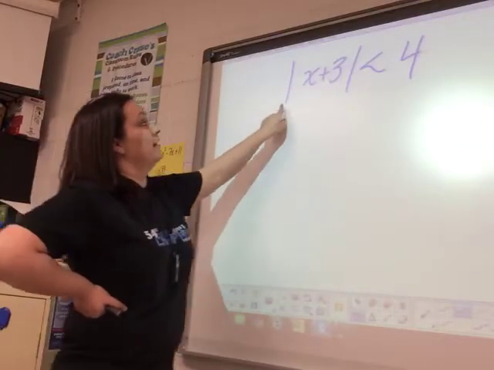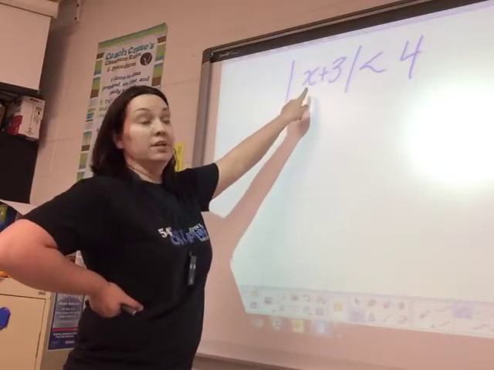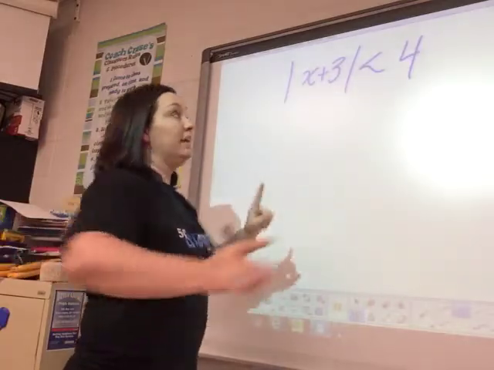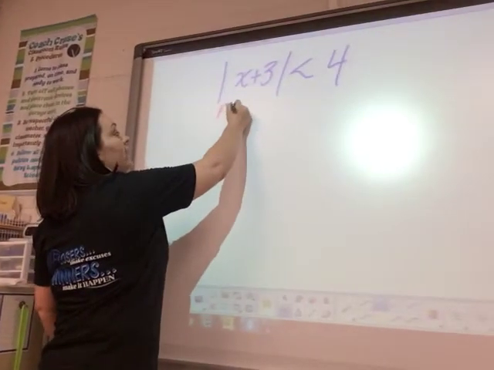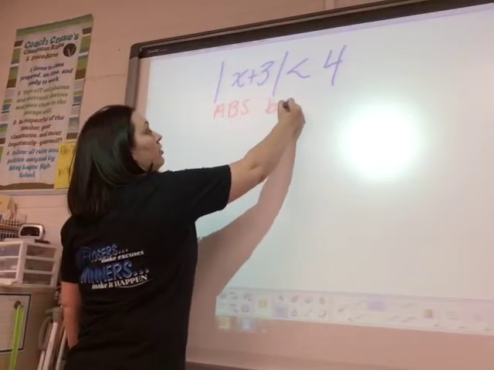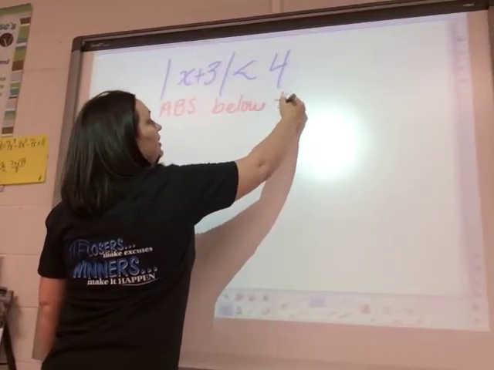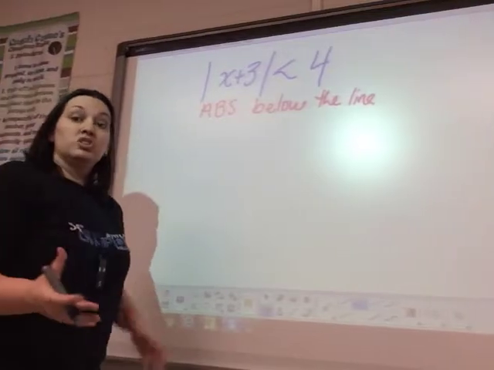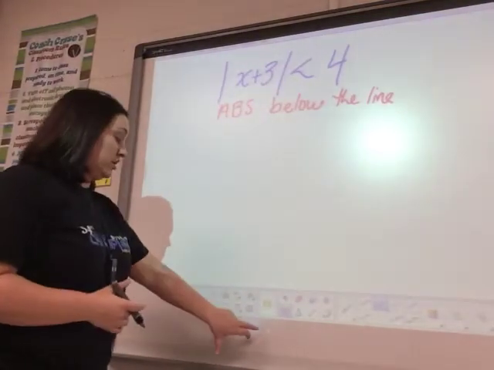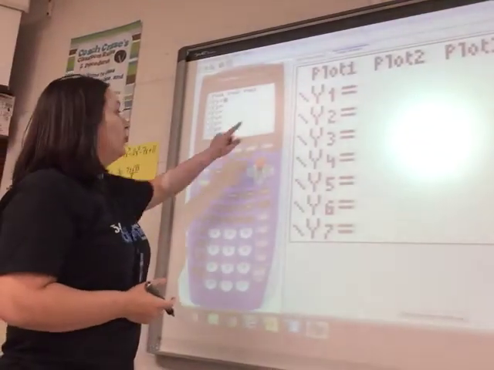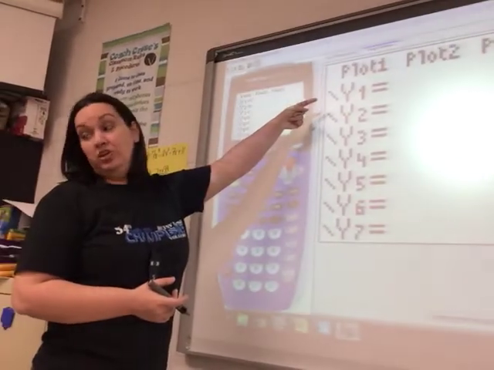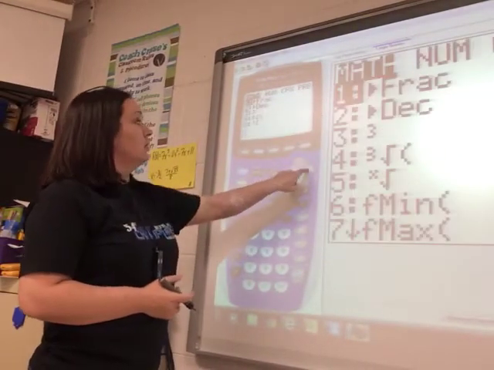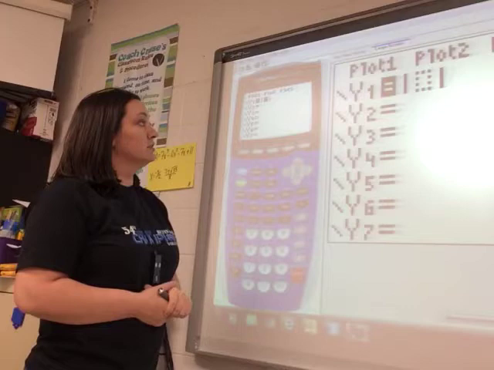If we look at the absolute value of x plus 3 less than 4, graphically that means the absolute value will be below the linear. That's the only section that we care about. So let's look at this as a graphical picture. I'm going to go to my calculator. I want my absolute value, so I want math, number, ABS.